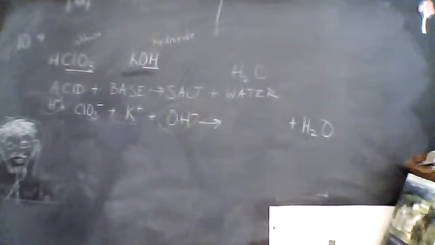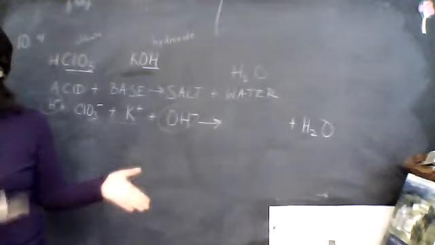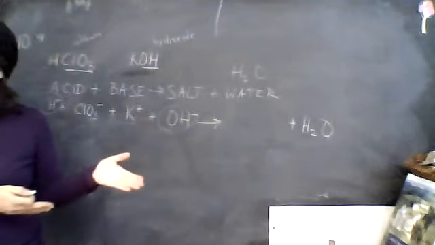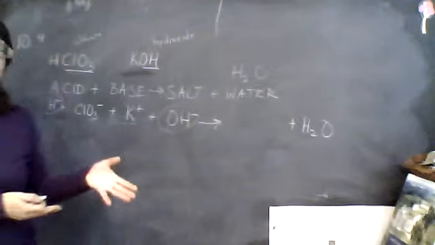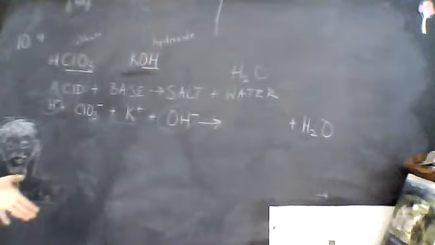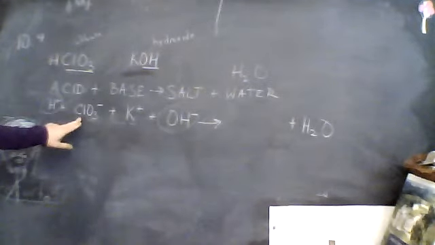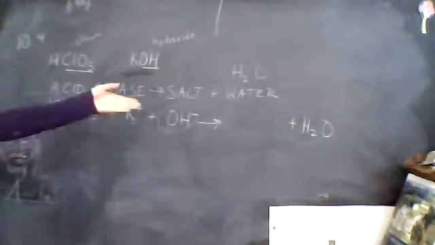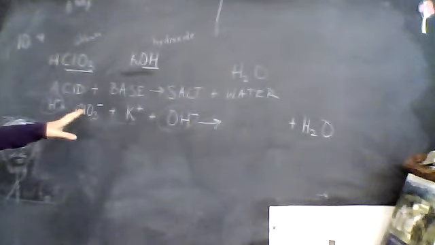In an ionic compound, when you're writing an ionic compound, when we talked about nomenclature at the beginning of the year in Module 1, which comes first? The metal. Which is the metal? Potassium. So it's going to be potassium chlorate. Do we need to do anything with the balancing here?